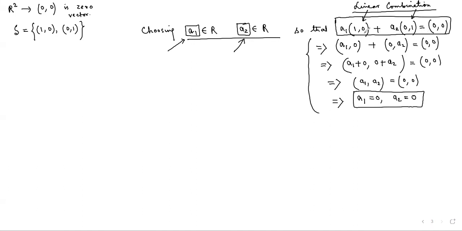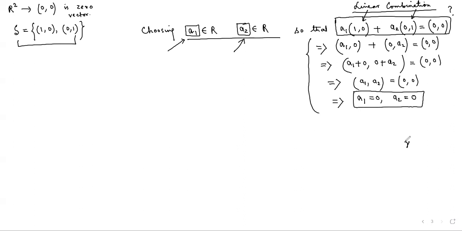So I want to solve this equation. Suppose this is your problem. Someone says you have this particular set capital S, a finite collection of vectors. Only two vectors are present, 1, 0 and 0, 1. Now someone says to find two scalars such that when we take the linear combination of these and equate it to 0.